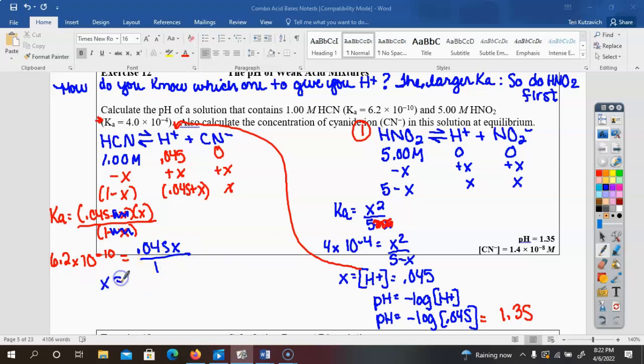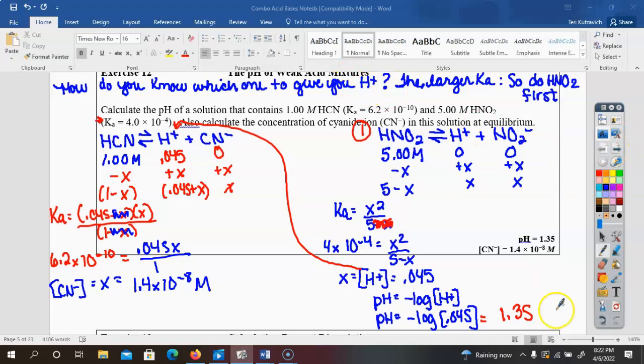Our x comes out to be 1.4 times 10 to the negative 8th. Now guess what? I didn't write what my x was equal to, like I did over here. So I go back, I look, and x is equal to CN negative. So I'm done, because that's what I was asked to find: the concentration of the cyanide ion.